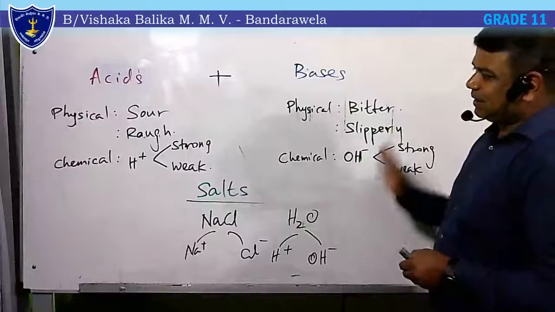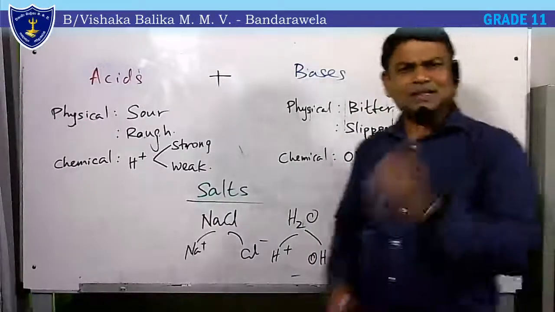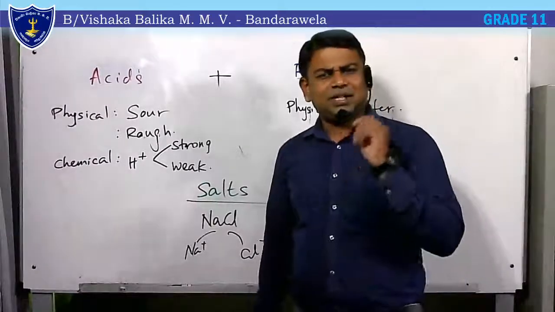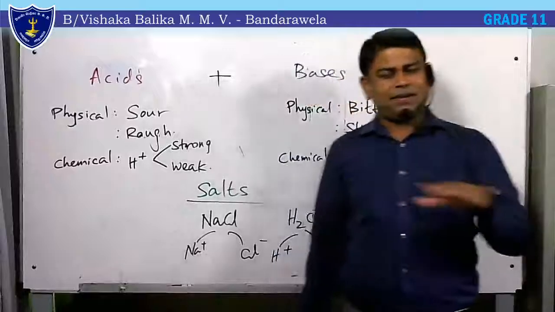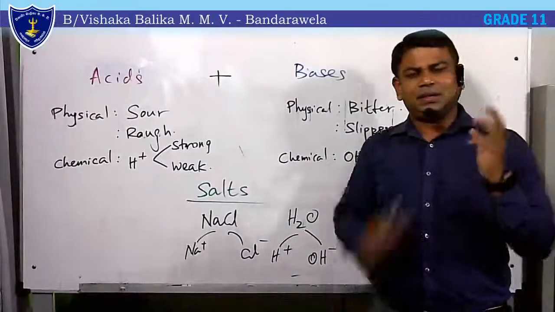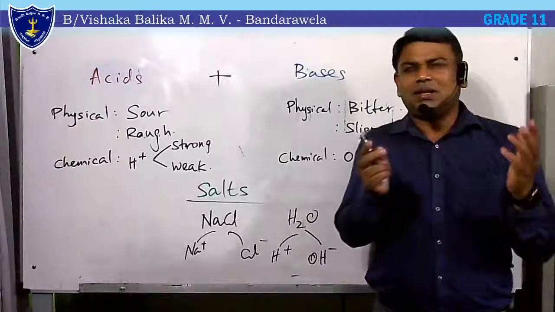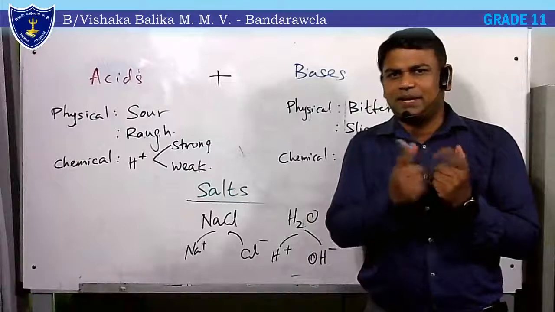Physical and chemical characteristics are discussed. We have to discuss how they change the indicators. In grade 7 you learnt about some indicators like litmus papers, pH papers, methyl orange, methyl red.